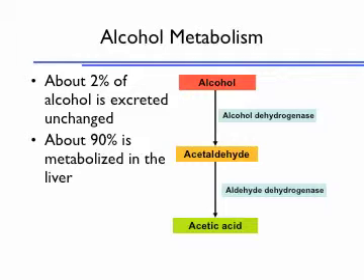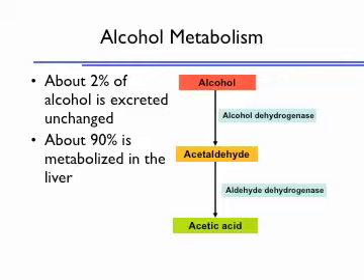Alcohol metabolism. About 2% of alcohol is excreted unchanged, and about 90% is metabolized in the liver, and it goes through this process. There are 2 critical enzymes in alcohol metabolism. One is alcohol dehydrogenase. This converts alcohol to a compound called acetaldehyde. The second enzyme is aldehyde dehydrogenase, and it converts acetaldehyde to acetic acid.